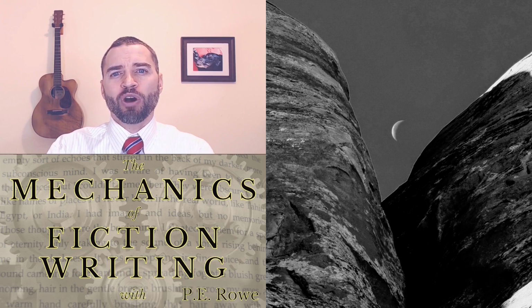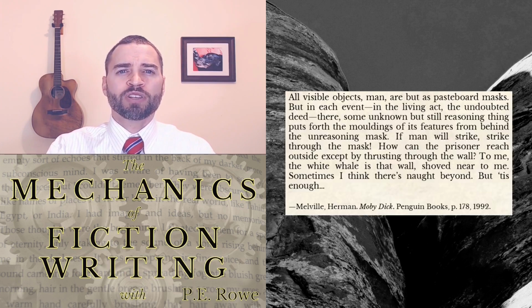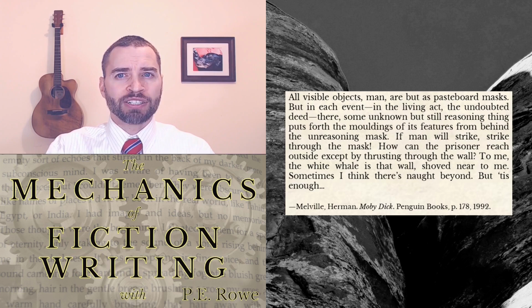This sets Ahab off on another epic soliloquy that defines their entire ill-formed quest. "All visible objects, man, are but as pasteboard masks. But in each event, in the living act, the undoubted deed, there, some unknown but still reasoning thing puts forth the mouldings of its features from behind the unreasoning mask. If man will strike, strike through the mask.